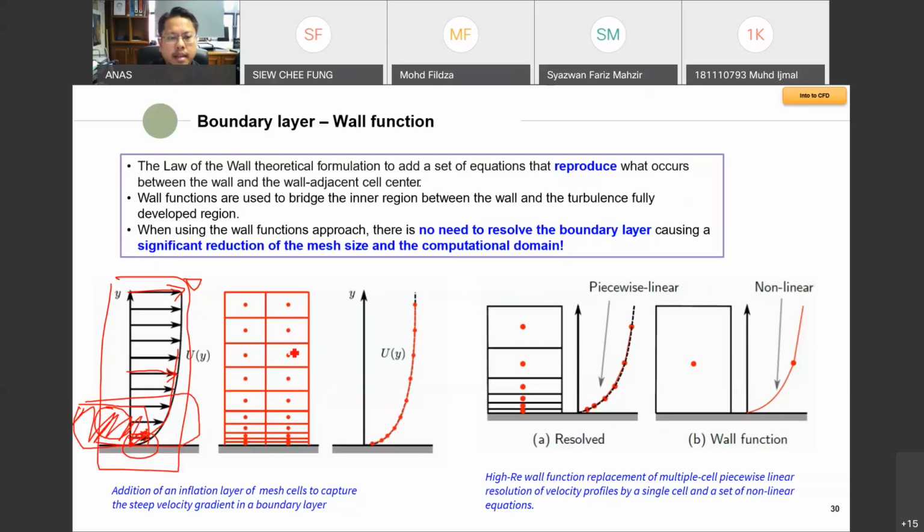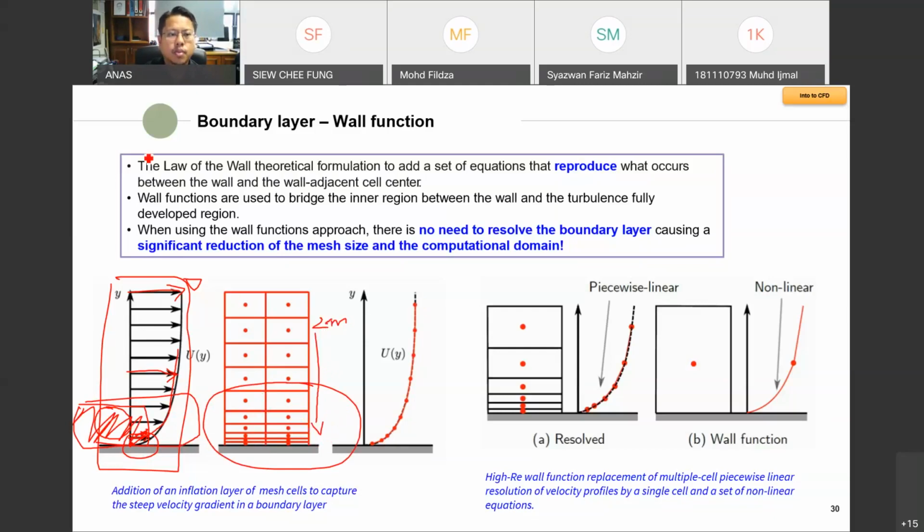But in this particular region at the bottom, you cannot produce a mesh that is too small. For example, if the bottom mesh is already 2 centimeter, then you are going to need a much smaller mesh size to capture what is happening near the bottom.